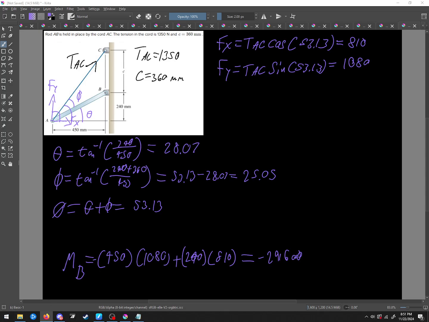Is it going to be negative 291.6? Okay, yeah, it's gonna be positive 291.6. I don't think you can have a negative force, and that's the only reason why. So 291.6 Newton meters.